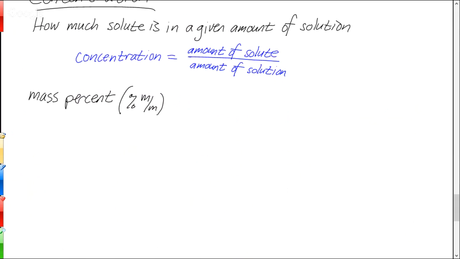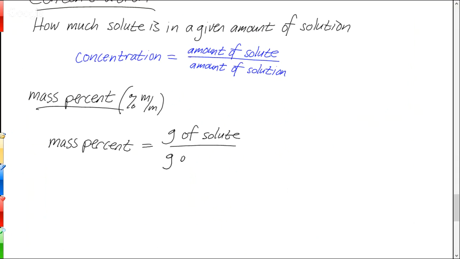Mass percent is just a simple ratio of the masses of the solute and the solution. So mass percent equals the mass of the solute divided by the mass of the total solution.